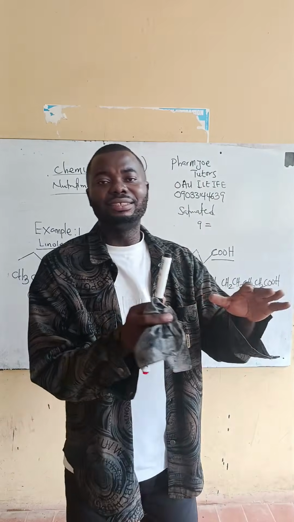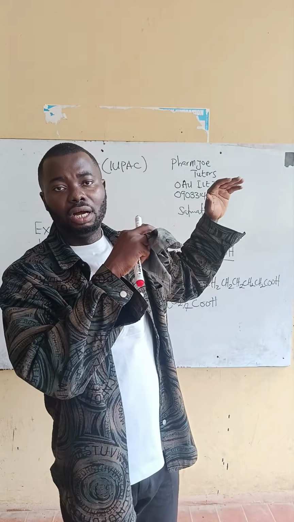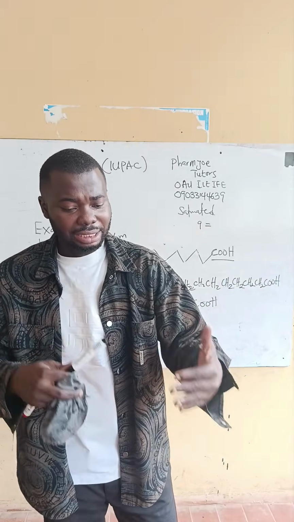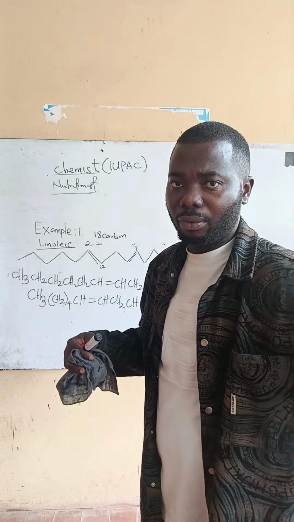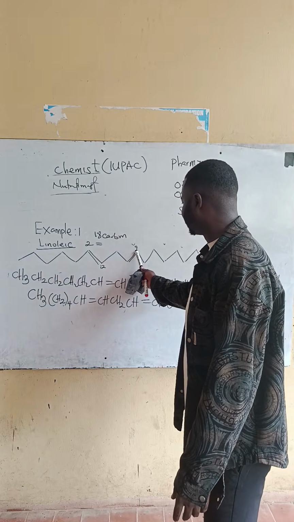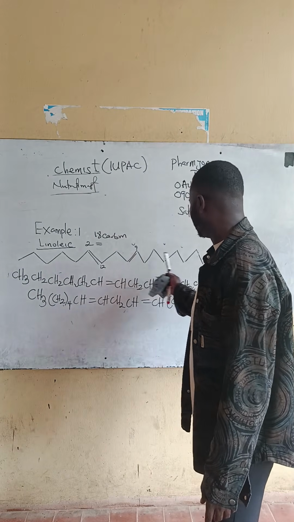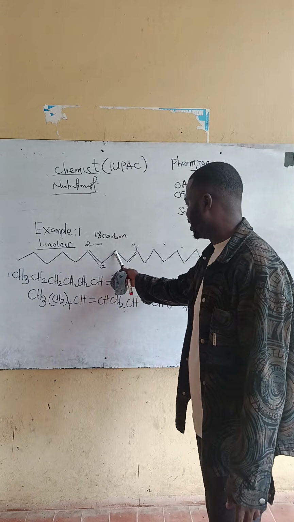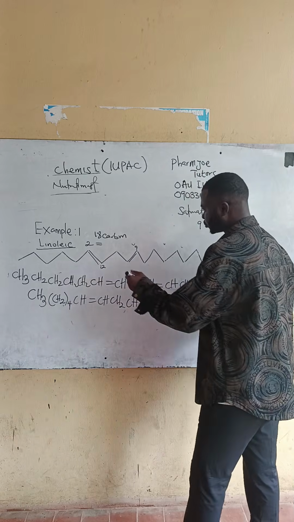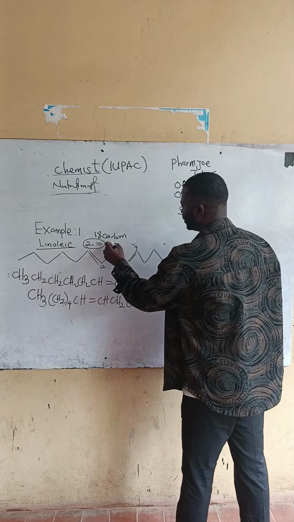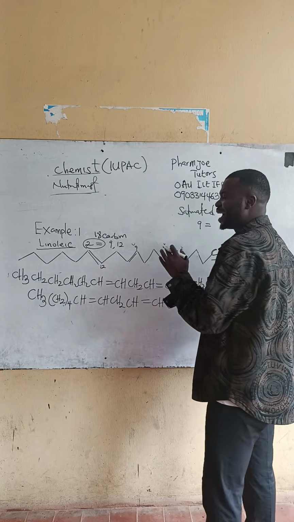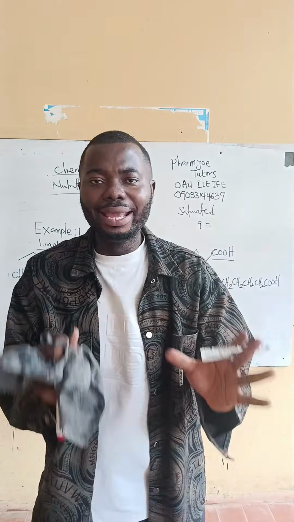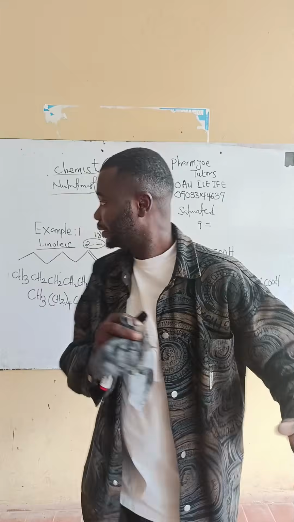So in most naturally occurring unsaturated fatty acids, the double bonds are 3 carbons away from each other. We have 2 double bonds: one in position 9 and one in position 12.